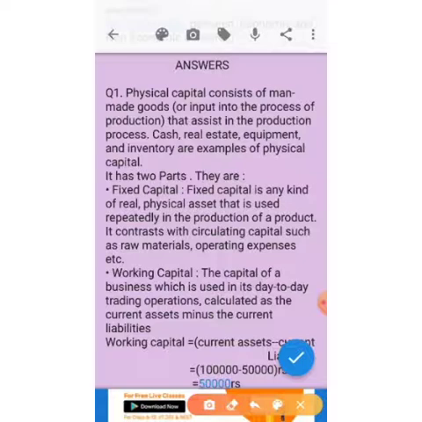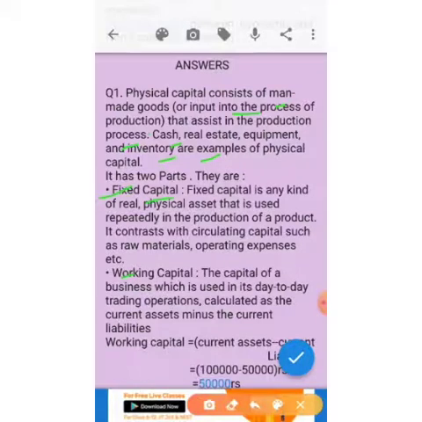Physical capital consists of man-made goods or inputs into the process of production that assist in the production process. Cash, real estate, equipment and inventory are examples of physical capital. It has two parts: fixed capital and working capital.